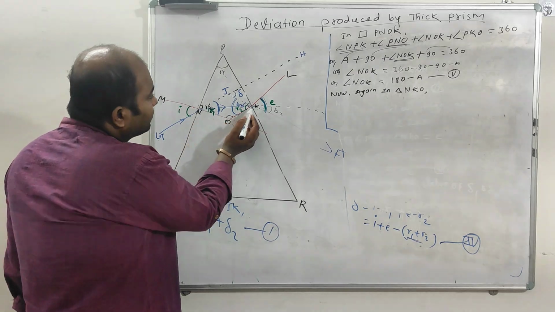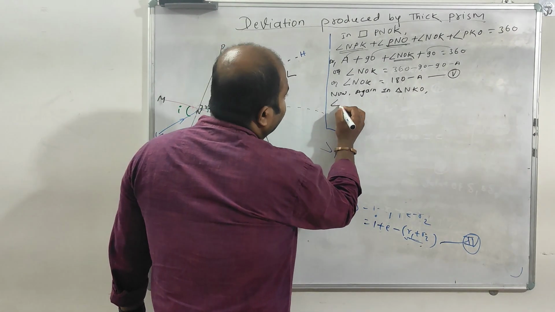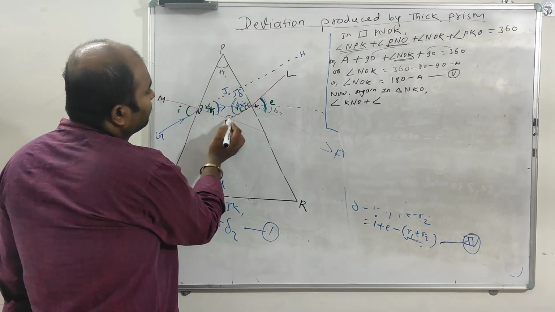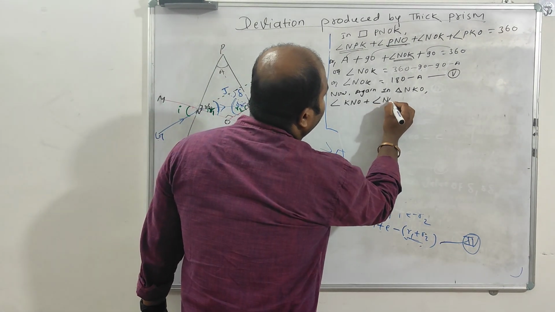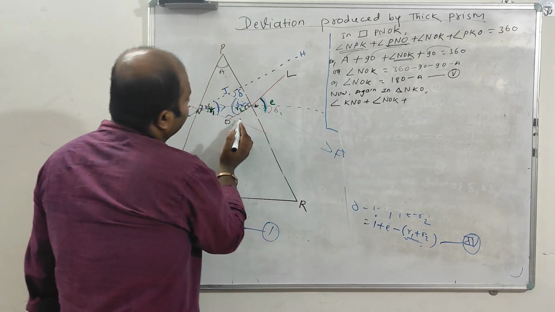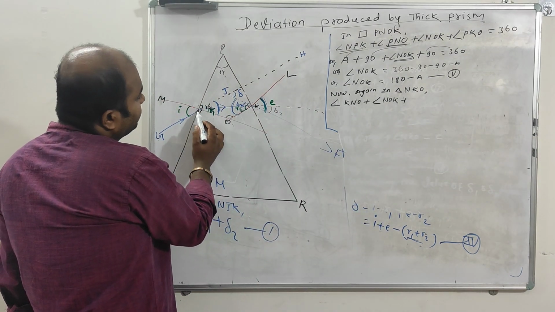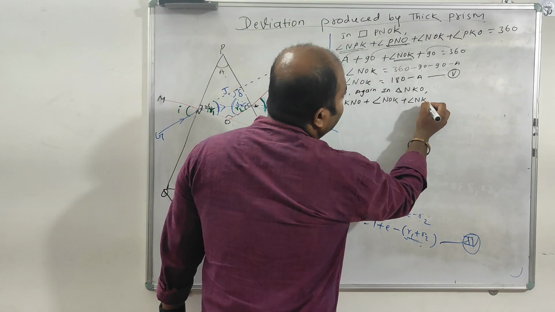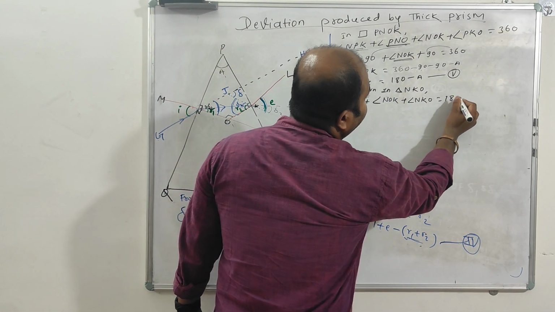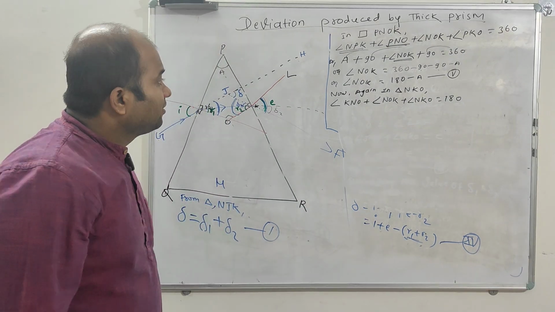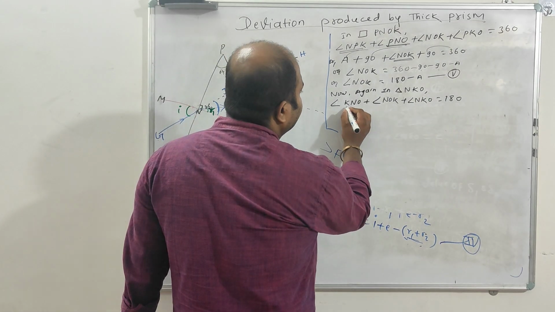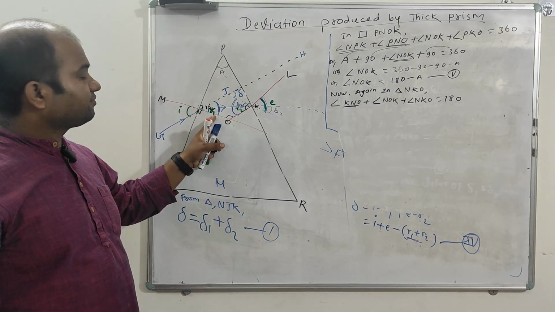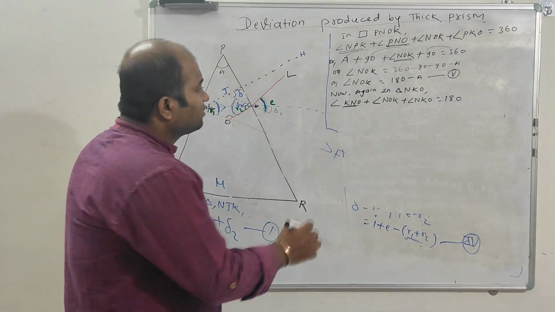Similarly, we write angle KNO plus angle NOK plus angle NKO equal to 180, right? Now see here, KNO is R1, and NKO is R2.